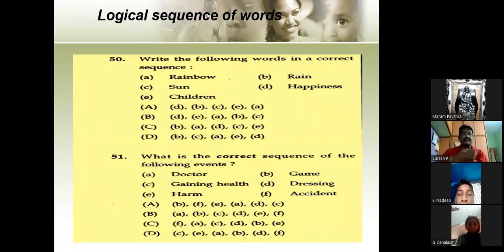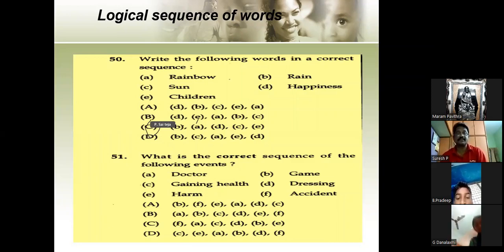When the sun and rain come at the same time, the rainbow appears. When you see the rainbow, definitely you will get happiness. So the happiness comes last, and children will come before that. Now you have to identify those things.